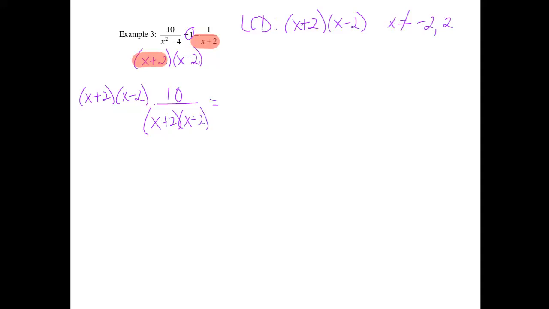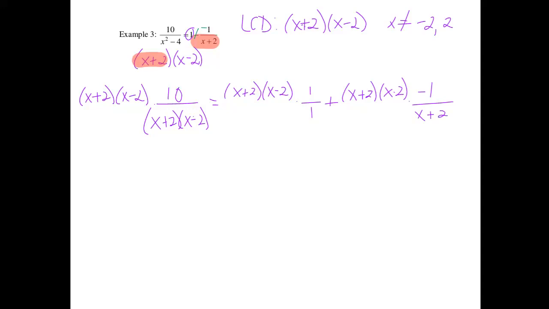Again, don't forget here the 1, so next step would be to do x plus 2, x minus 2, technically times 1/1, right? And then we have a minus here. And again, I always like to add the opposite, so I'm going to write that up here. So now when we come back down, we can do plus the LCD x plus 2, x minus 2, times negative 1 over x plus 2.